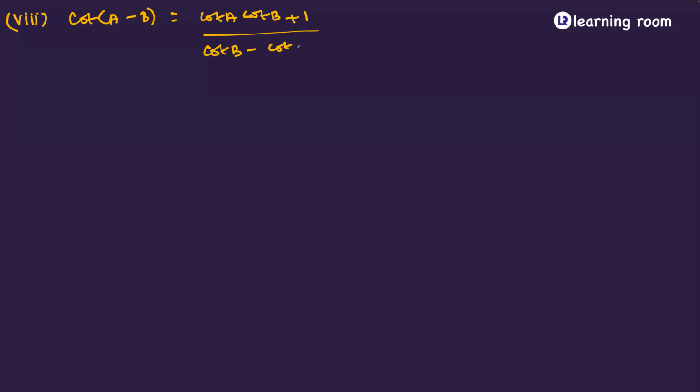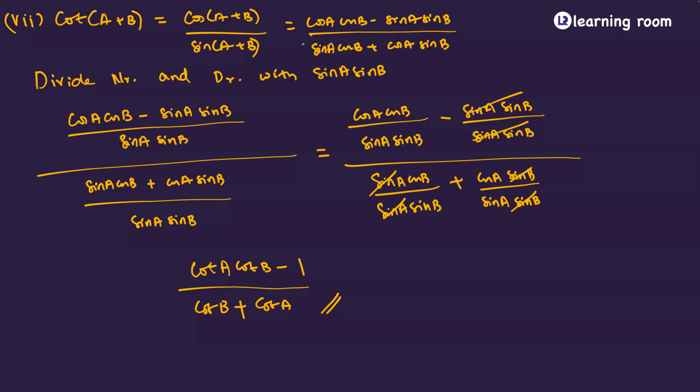Why is it so? Because you write this as cos by sine, right? So when you write sine of A minus B, there'll be a minus sign there. And because of that minus sign, when you cancel it, they're always getting interchanged. Means A is getting cancelled first, B is getting cancelled second. So you need to observe all these things. You're able to understand what I'm saying.